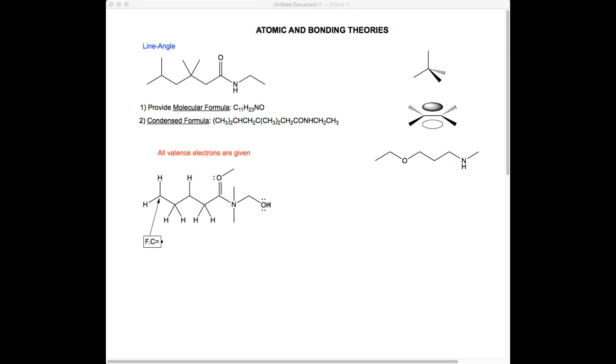Okay, so remember, once again, for those of you who don't remember, the way we do this: carbon has how many valence electrons? 4 valence electrons, right?